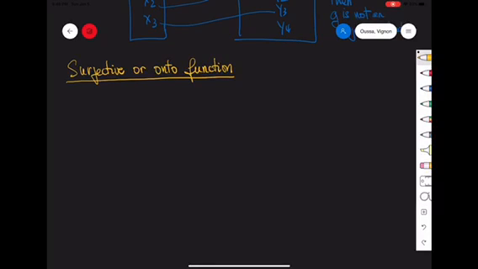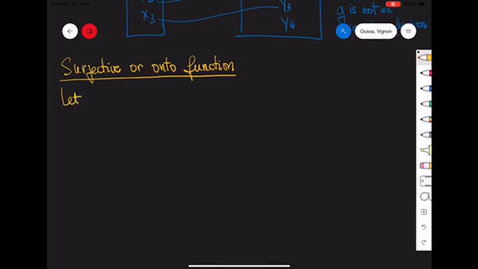Okay, so suppose f is a function mapping x to y, where x is the domain of the function and y is the codomain of the function.